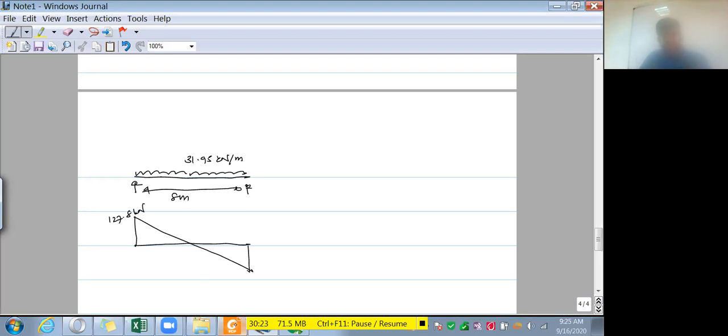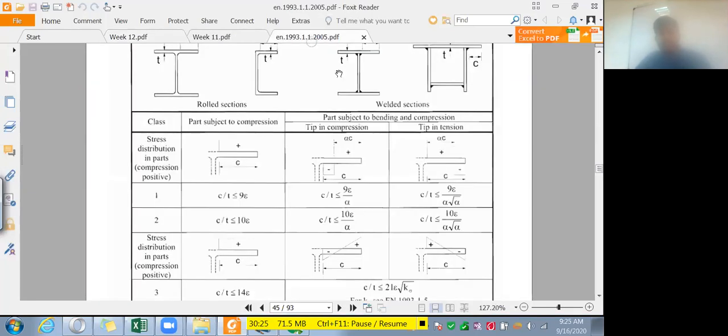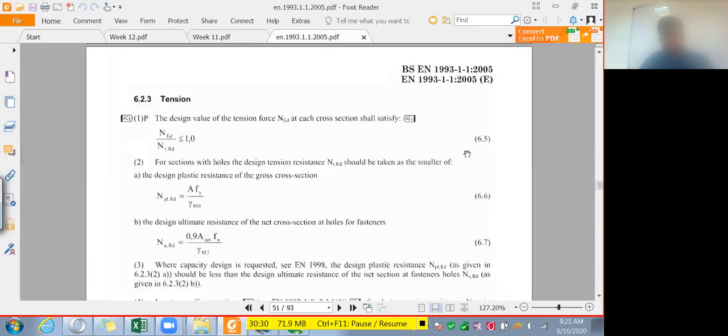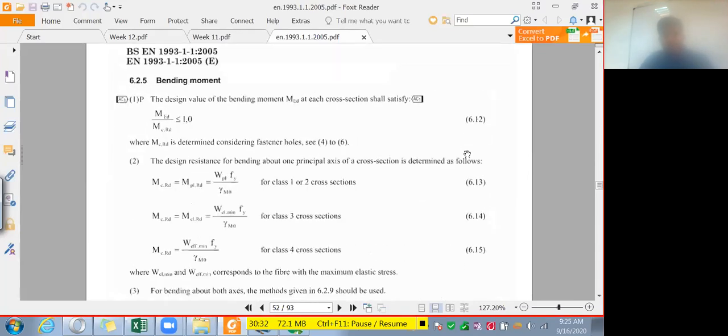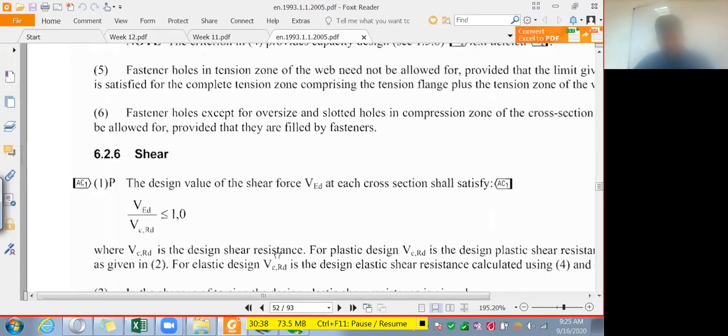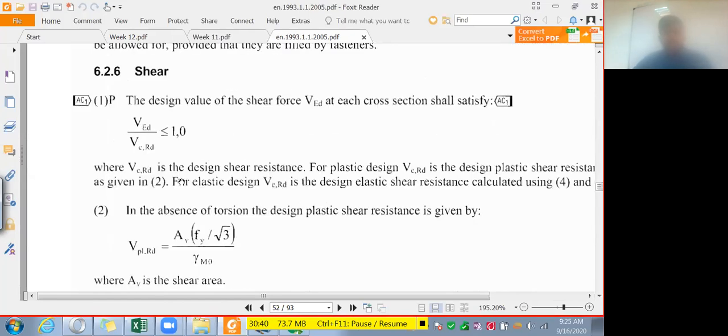If you consider the shear check, VEd should be less than or equal to VcRd. This is the shear check, clause 6.2.6.